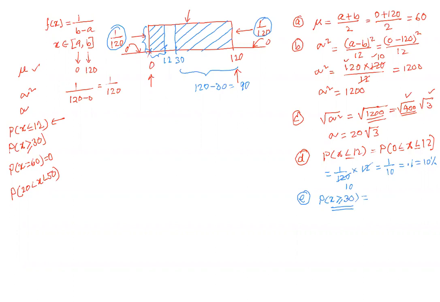So this shaded region on the right would be 1 over 120 times 90. 30 goes into 90 3 times, 30 goes into 120 4 times, that's 3 over 4. That is also equal to 0.75, which is 75%. So there is a 75% chance that you will have to wait more than 30 minutes for this alarm to go off.